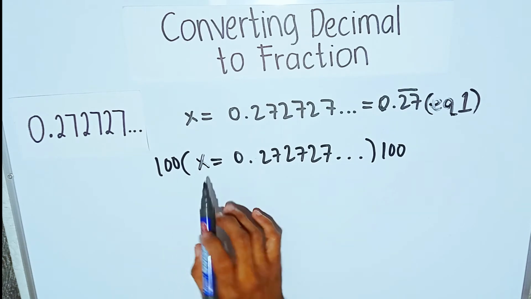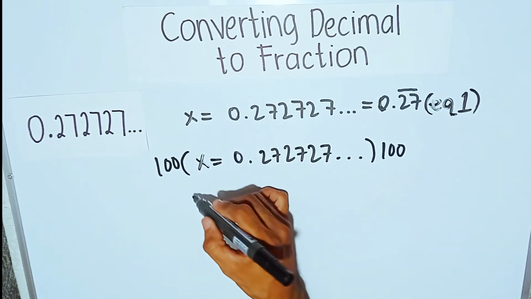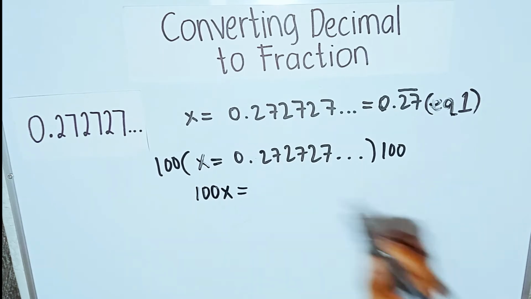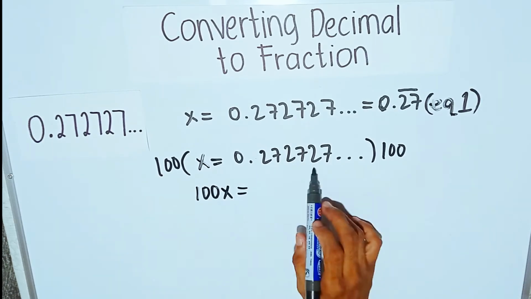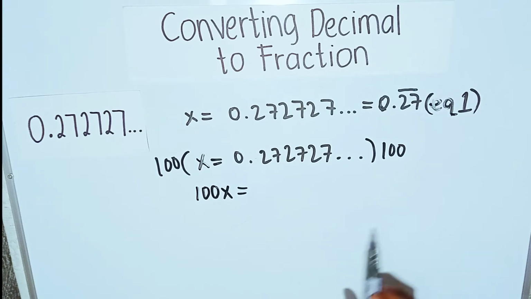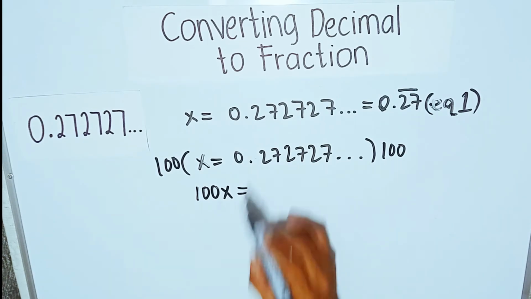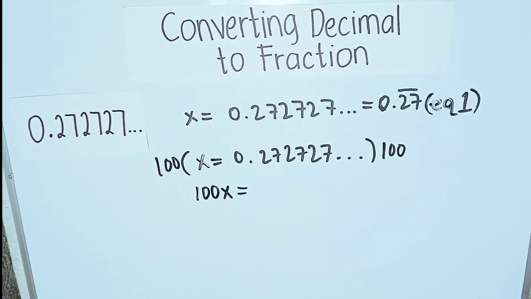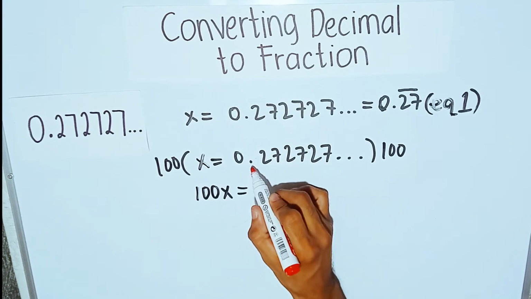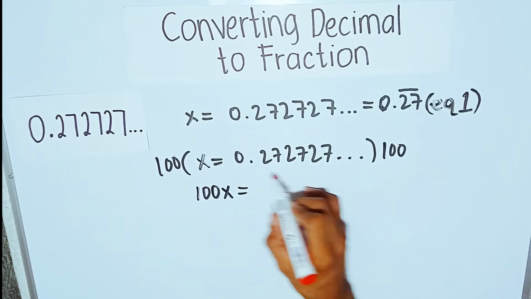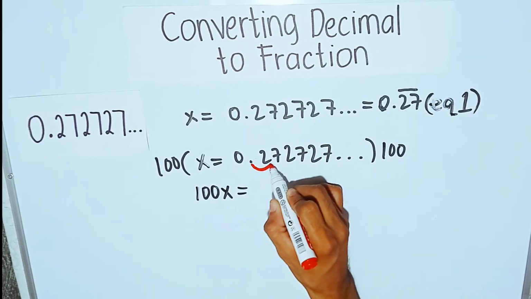So 100 times x will have 100x is equal to multiply this decimal by 100. So magkakaroon tayo ng movement since meron tayong 100. Mag-move tayo from this point, 2 places to the right. So meron tayong 1, 2.